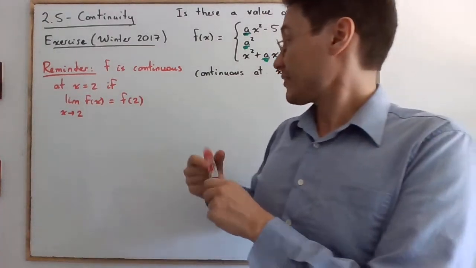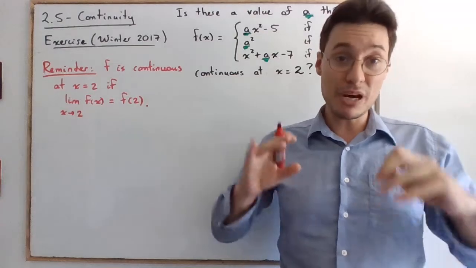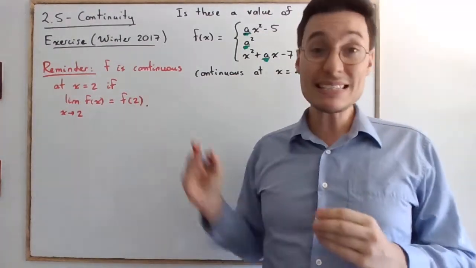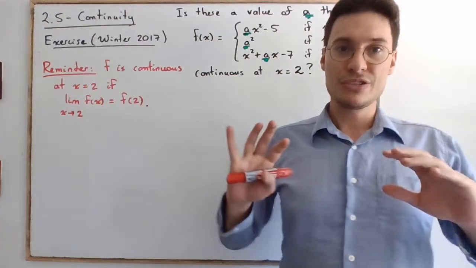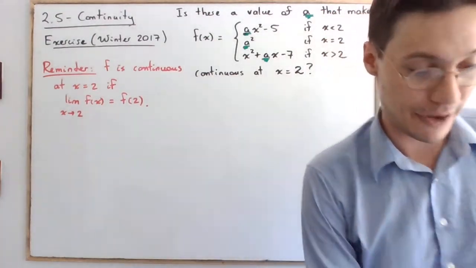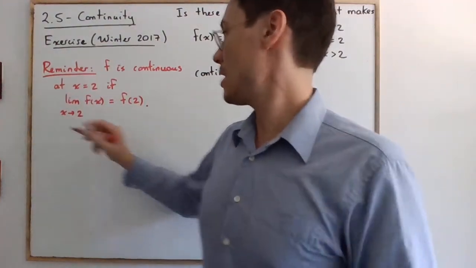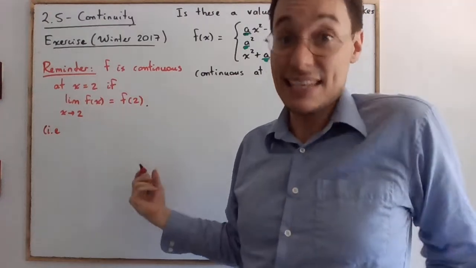So this definition of continuity is very compact, but it does implicitly say that the limit has to exist. Okay? So you should check two conditions, one after the other. The first condition that we will check is that the limit exists.